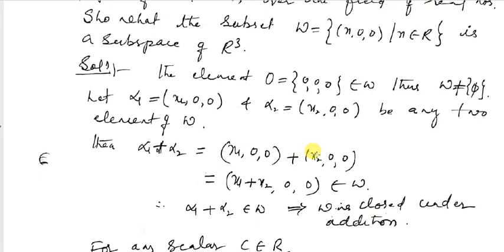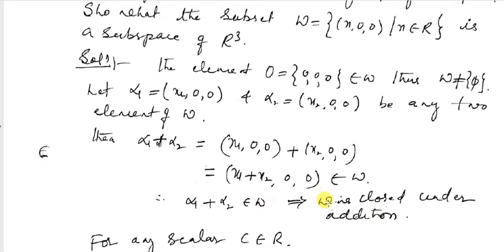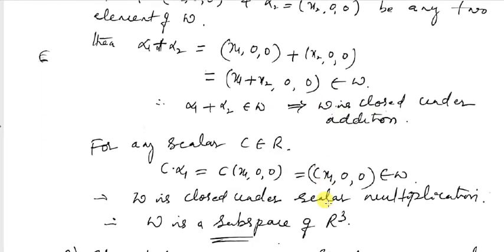Component wise addition, as we know how to add the vectors, gives (x1 plus x2, 0 plus 0, 0 plus 0), which is again in the same form. Therefore we can say this element will be in W. So alpha 1 plus alpha 2 belongs to W. Therefore W is closed under addition.